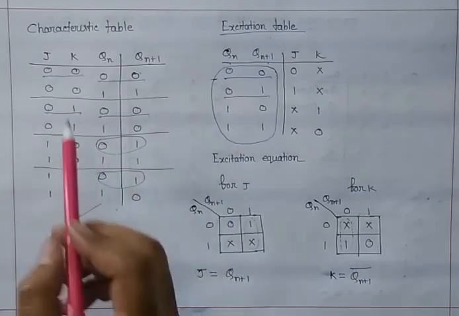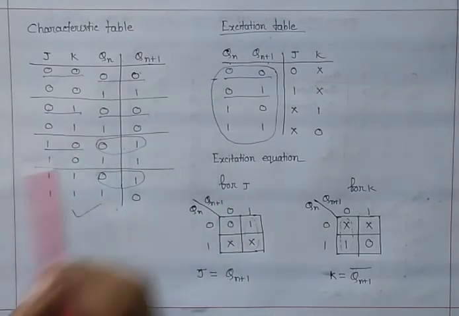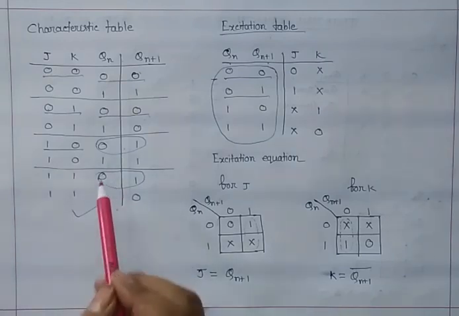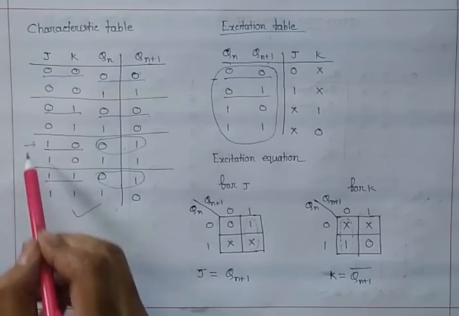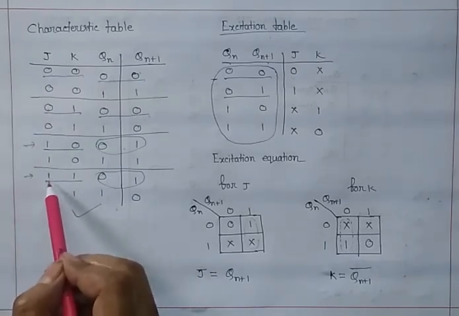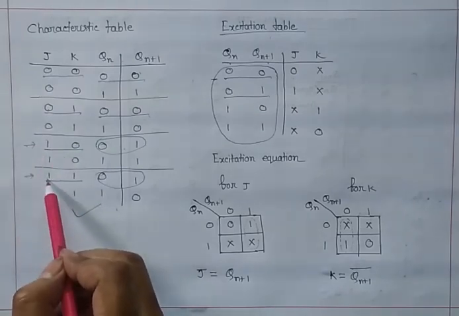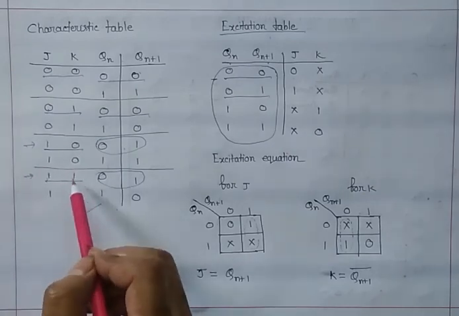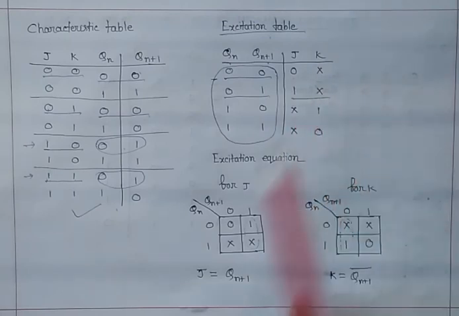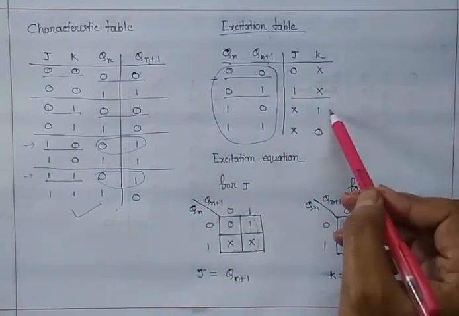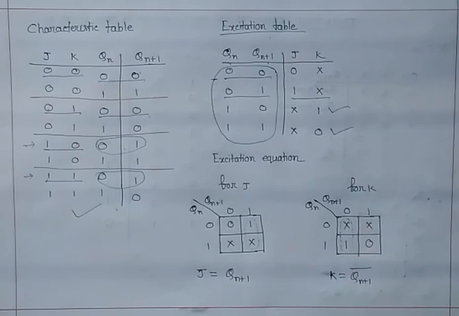For this line the input was 1 0, and for this line the input was 1 1. That means for these two lines the value of J was constant but the value of K varies. That's why we are writing 1 and don't care. In the same manner you can check this line and this line also.